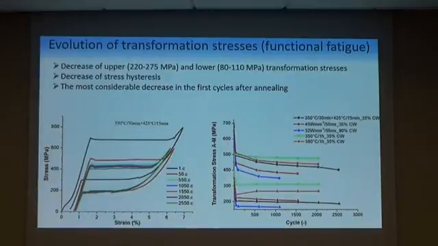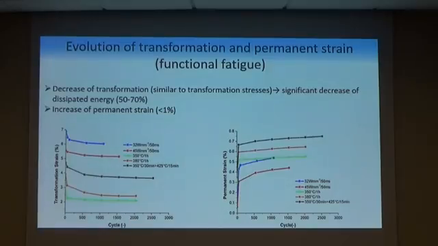So there is no correlation between functional and structural fatigue. Here you can see the evolution of transformation strain, a moderate decrease because of microstructure evolution and also residual martensite content decrease.